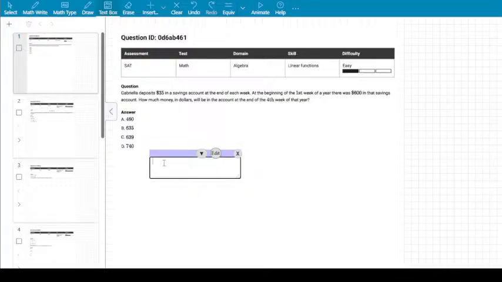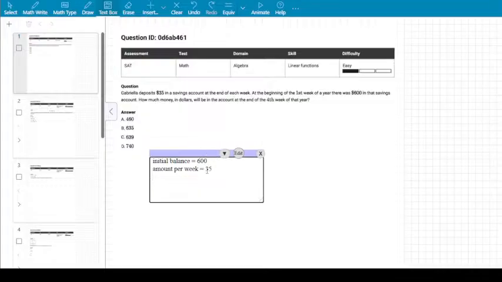So we have 600 initial balance, and then amount per week 35. Everything is in dollars, so that is the currency unit.